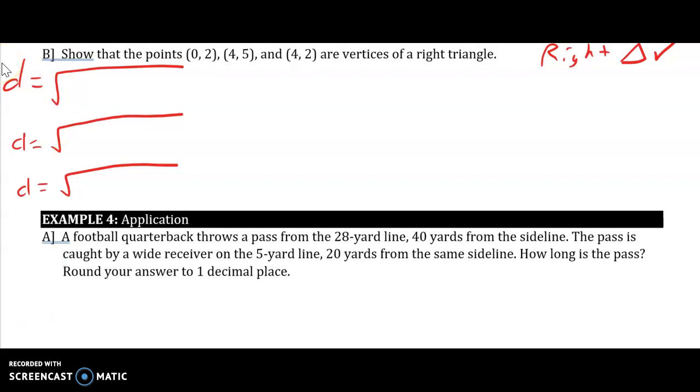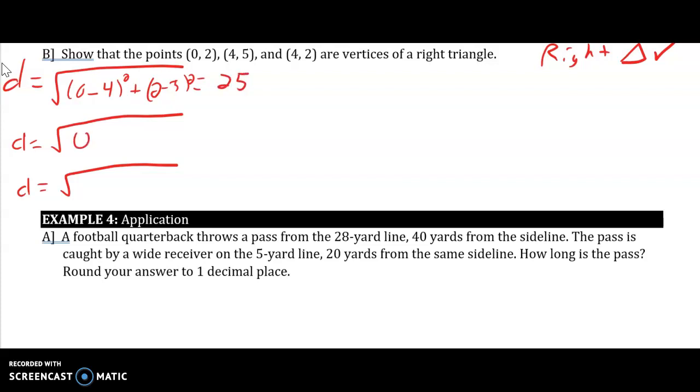For the sake of time, if you do 0 minus 4, square that, plus 2 minus 5, square that, that ends up, if you do the calculation, you get 25.